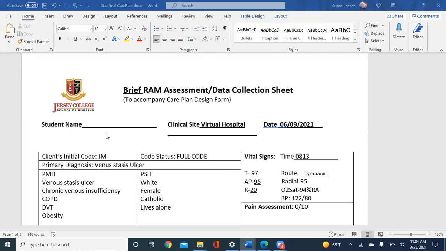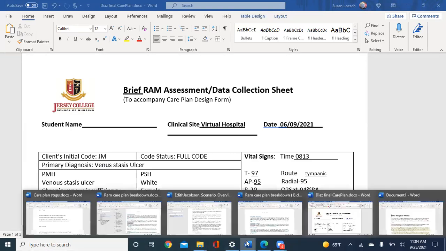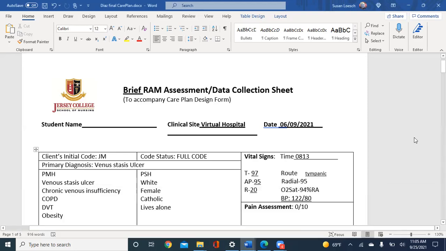The RAM assessment, okay. What it is basically about is how the person adapts physiologically and psychologically to changes in their environment. So let's say I have pain. How's that going to affect me? It affects everybody differently.